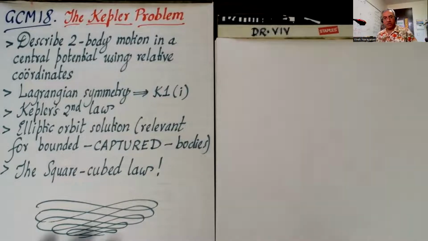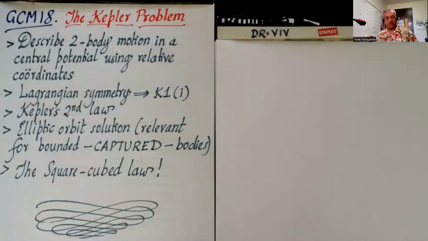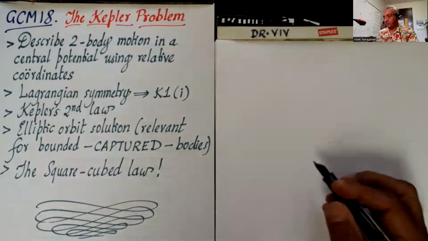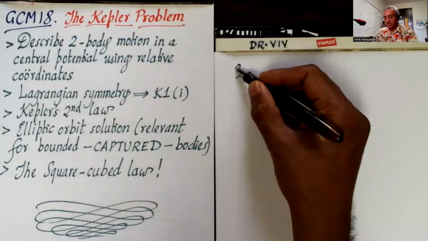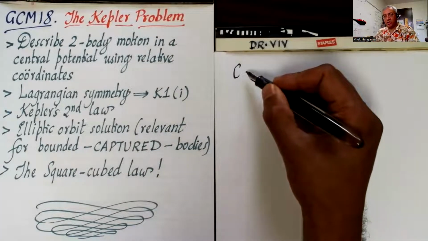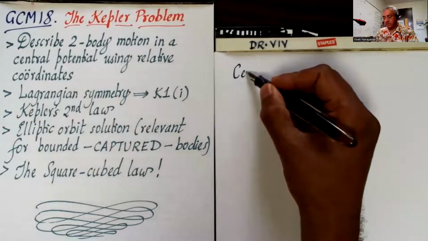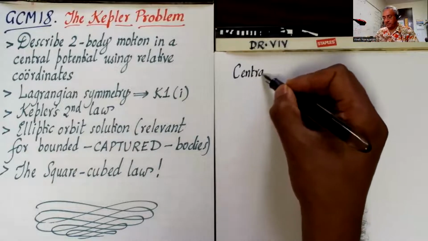So first of all, what are central forces and central potentials? These are forces or potentials that only depend on the separation between coordinates. So let's talk about that first.